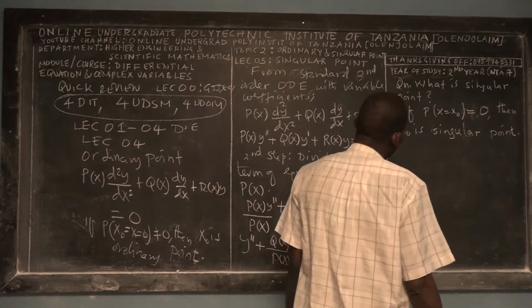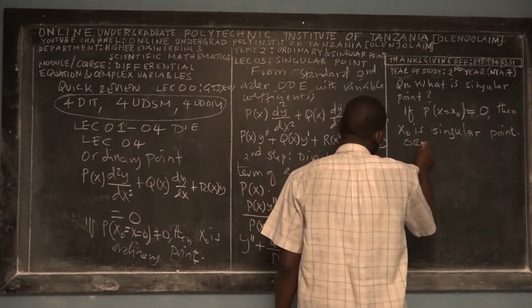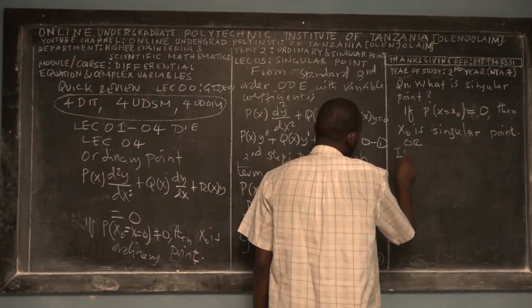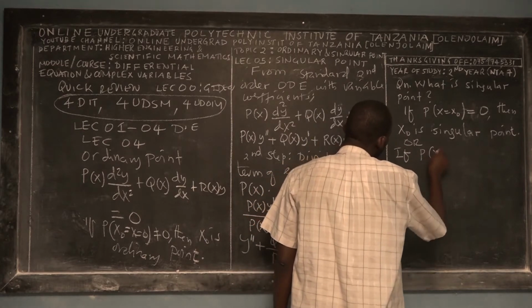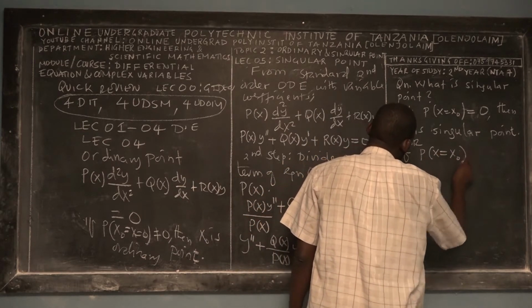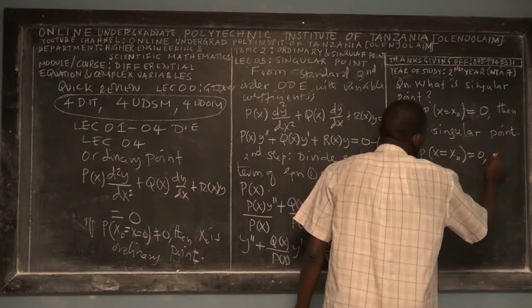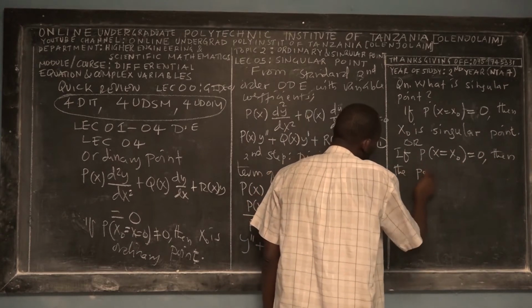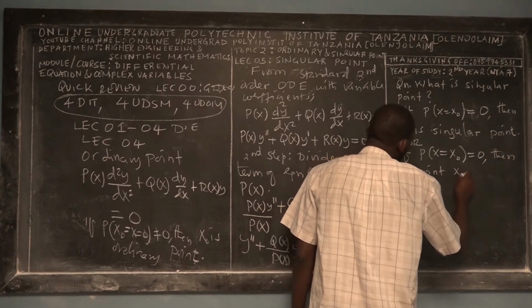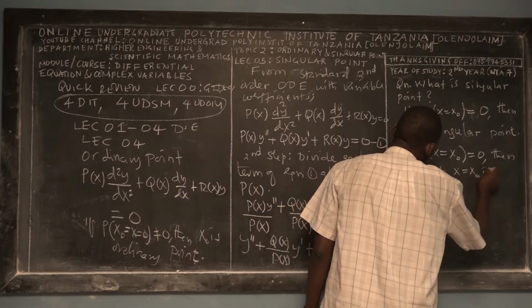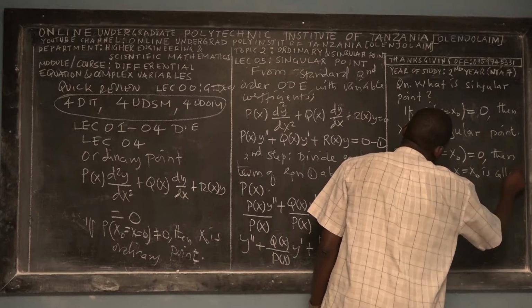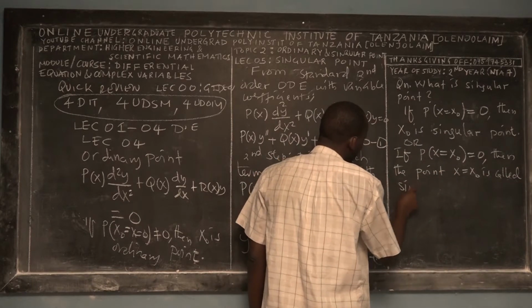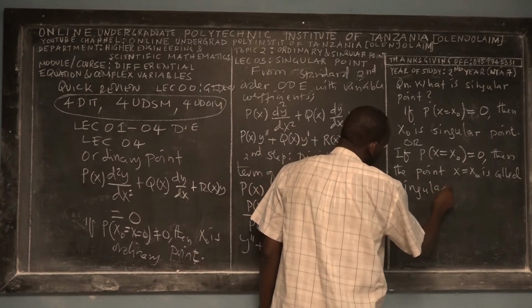Or you can say it this way: if P of x is equal to 0, then the point x is equal to x naught is called the singular point.